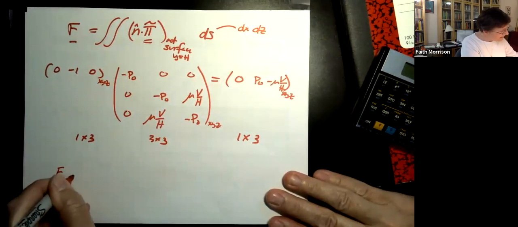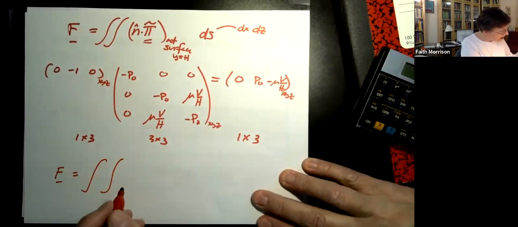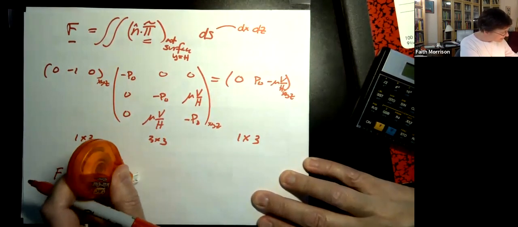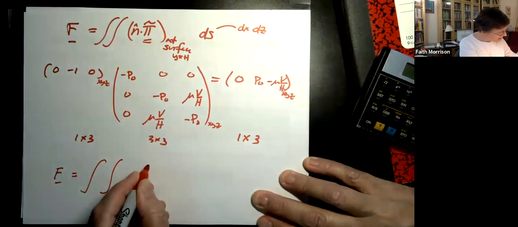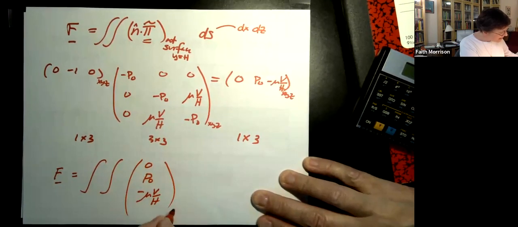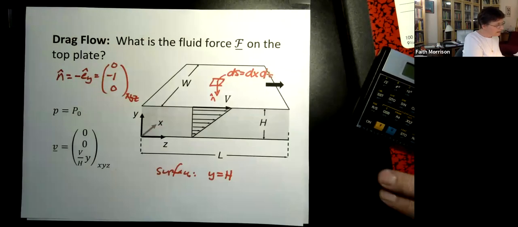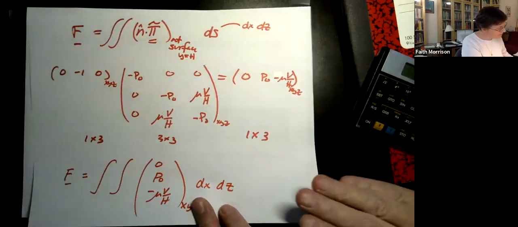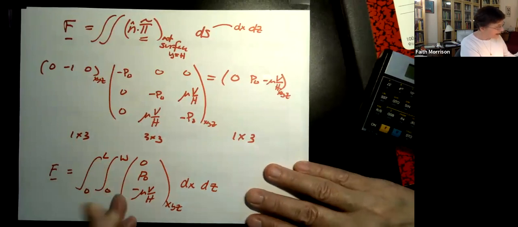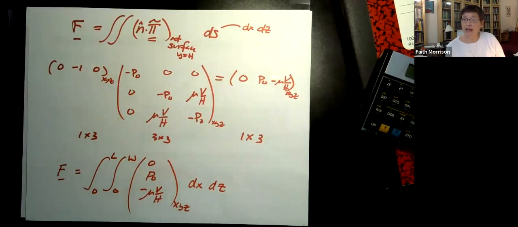So we have F equals the integral of, I'm going to switch this to be a vertical vector because I'm just going to be integrating each term separately: 0, p naught, minus mu V over h, in x, y, z, dx dz. x goes from 0 to W. z goes from 0 to L. And I have the integral that I need to get my final vector force on the top surface.